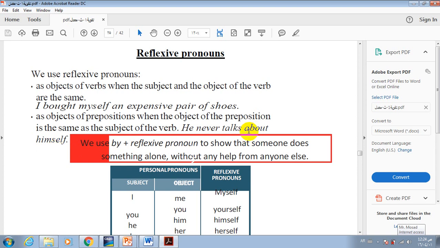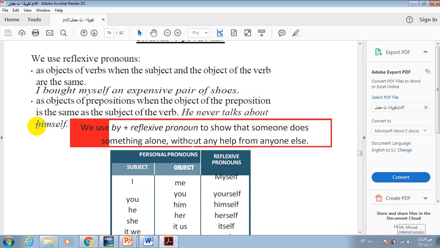Here, he wants to say that he never talks about himself. It relates to the reflexive pronoun himself, and it comes after the preposition about.